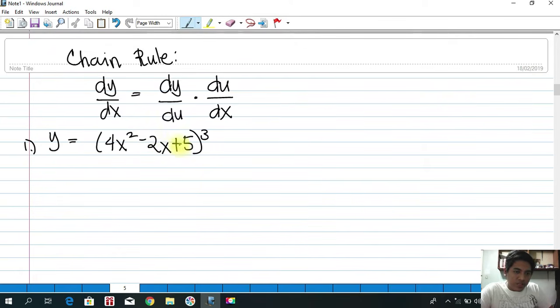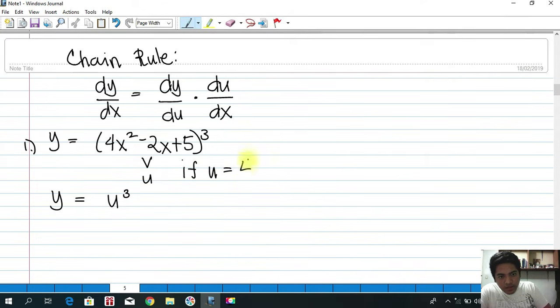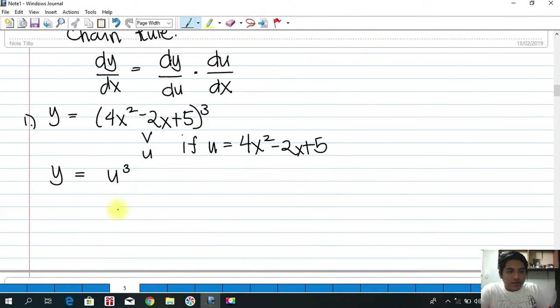As you can see, we have the function 4x squared minus 2x plus 5 raised to the cube. The inside, the 4x squared minus 2x plus 5 term, we shall call that u. If we substitute that with u, we will have y equals u cube. If u is 4x squared minus 2x plus 5, then our y equals only u cube. So did you get that?